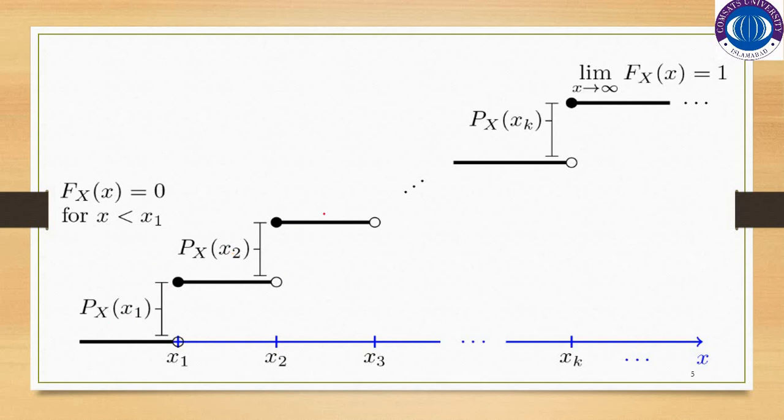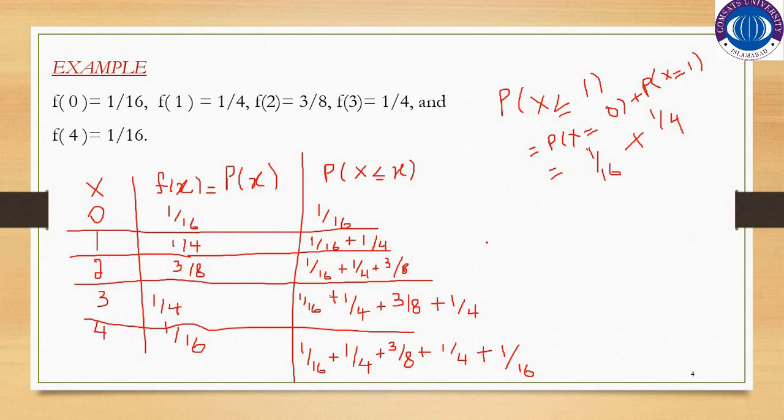So this is the graph of the CDF. Minimum value would be 0 and maximum value would be 1. If you add all these values, 1/16 plus 1/4 plus 3/8 plus 1/4 plus 1/16, it would be 1, as it would be the maximum limit of the CDF.